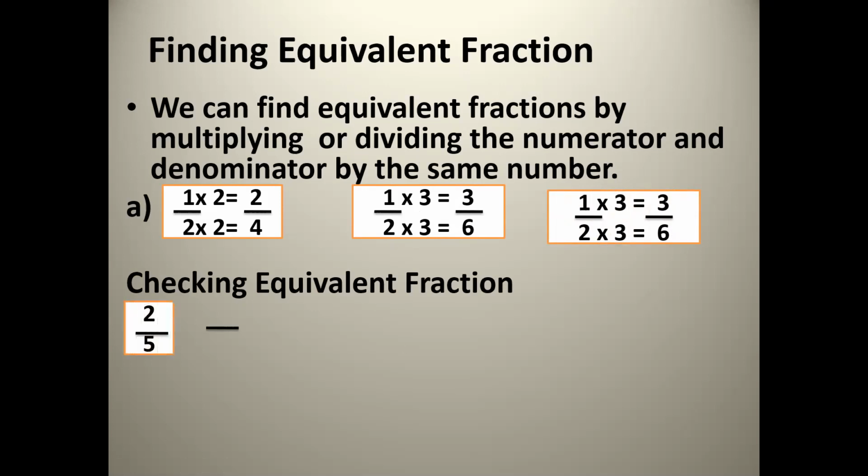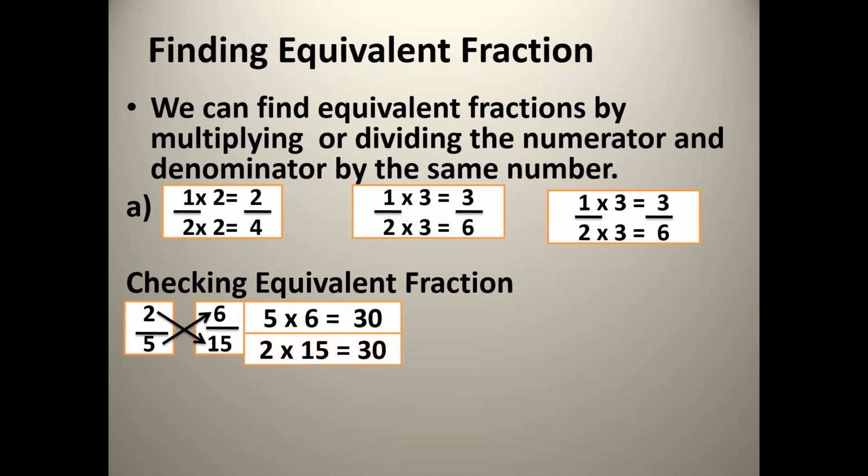So if you have 2 by 5 and 6 by 15, what will you do? You will multiply 5 into 6. 5 multiply 6, it is 30. And here multiply 15 into 2. 15 multiply 2, it is also 30. Look here, 30, 30, it means this is equivalent fraction.